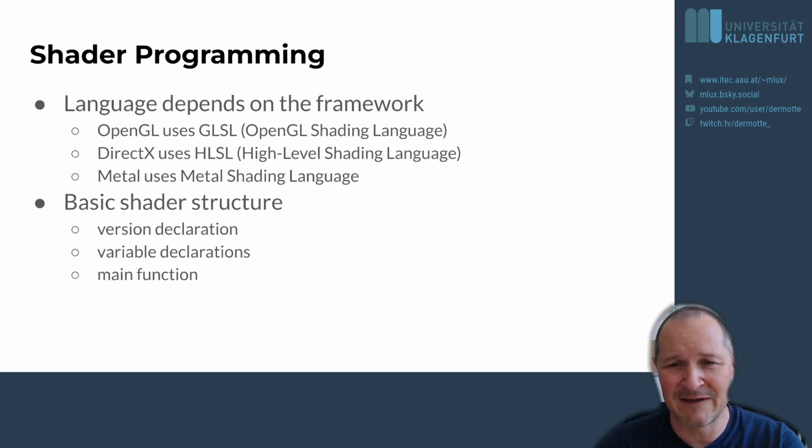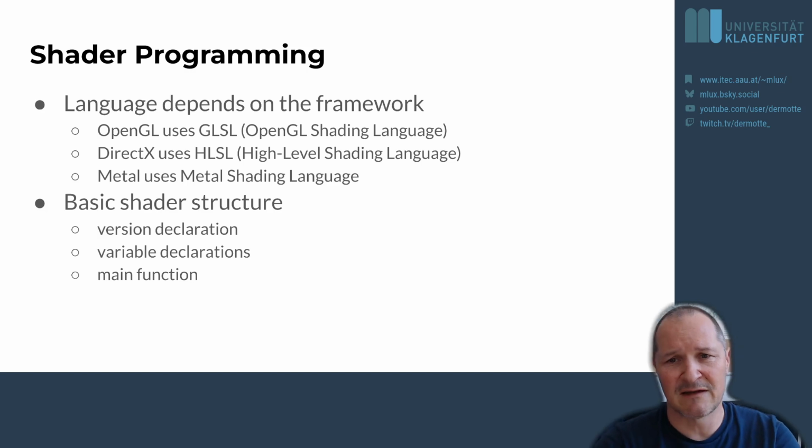Nowadays everything has kind of converged towards GLSL, the OpenGL shading language. But of course DirectX is still around and still has a large market share. It uses the high-level shading language, HLSL, and we have Metal, the Apple thingy, which has another shading language. So everybody has their own.